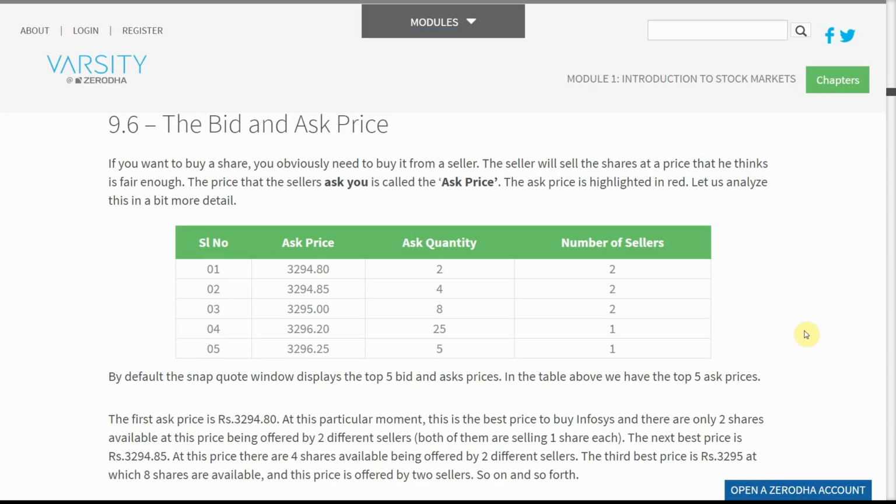Both of them are selling 1 share each. The next best price is 3,294 rupees and 85 paise. At this price there are 4 shares available being offered by 2 different sellers. The third best price is 3,295 rupees at which 8 shares are available. And this price is offered by 2 sellers. So on and so forth.